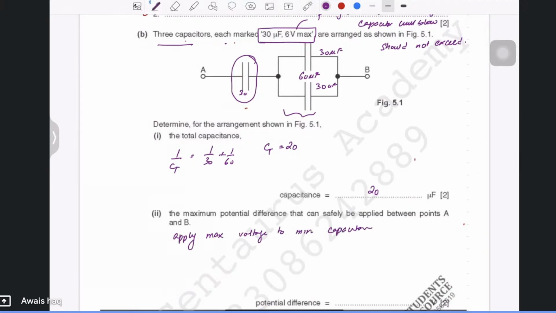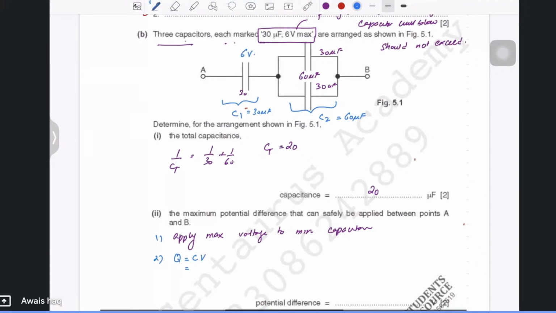So I'm going to say this is my combination 1 and this is my combination 2. Right now, combination 2 has a capacitance of 60 microfarad and combination 1 is 30. So I'm going to apply the maximum voltage that can be applied here.